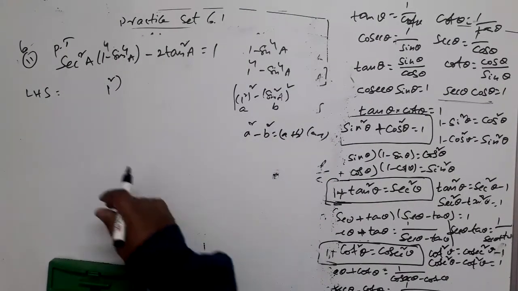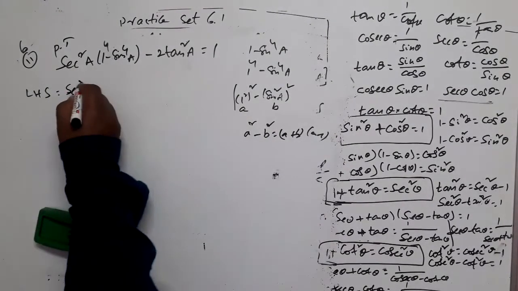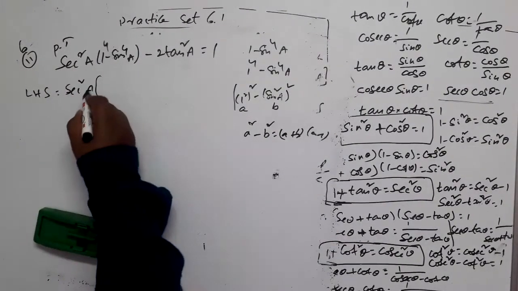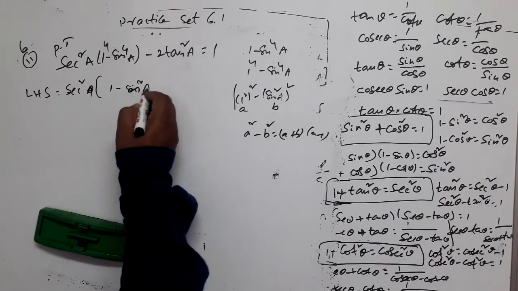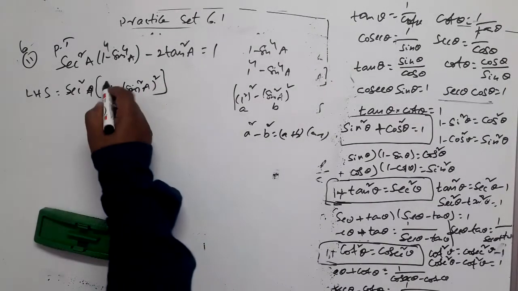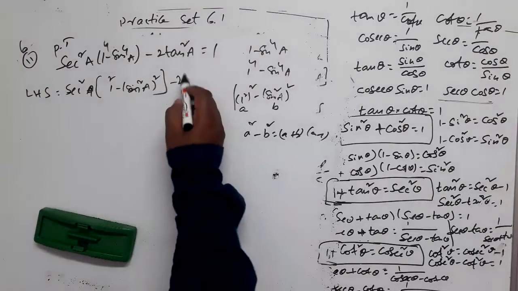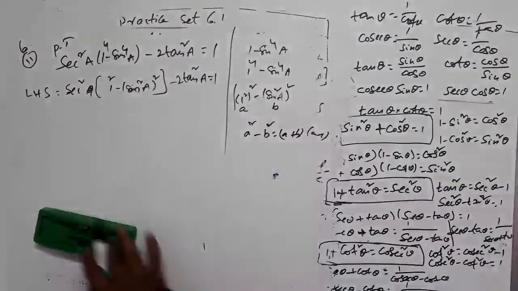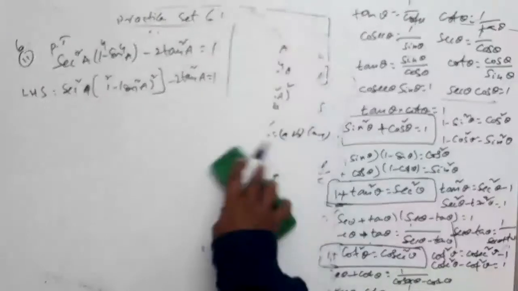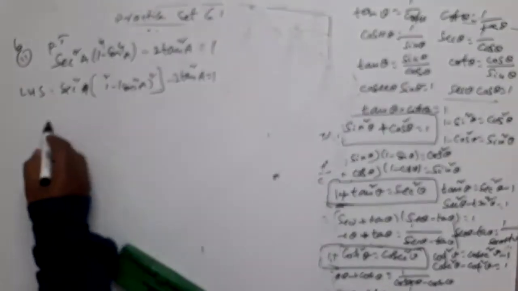Right? So indirectly, I am writing this term as 1 square minus sin square A whole square. I am leaving this term as it is. Now tell me, A square minus B square, what can I write?